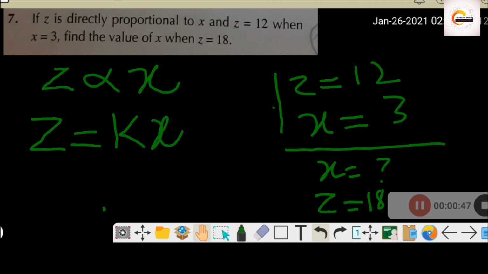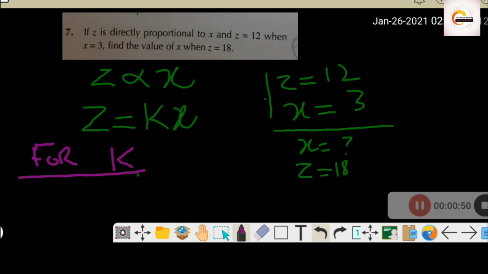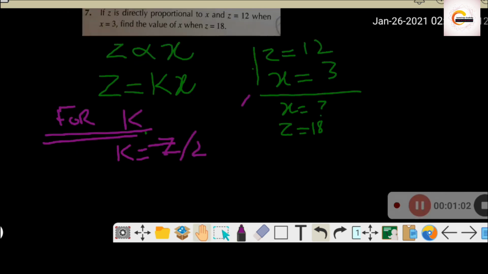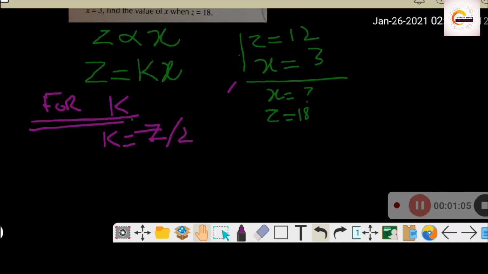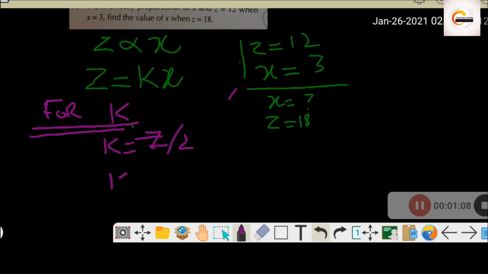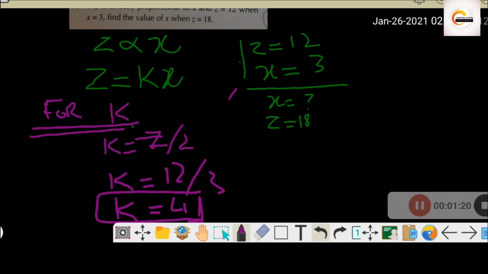So for K, 12 upon 3, that means K is equal to 4. Now we have to find out the value of X. So now we have two known values in our formula.